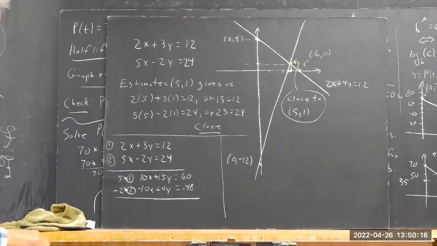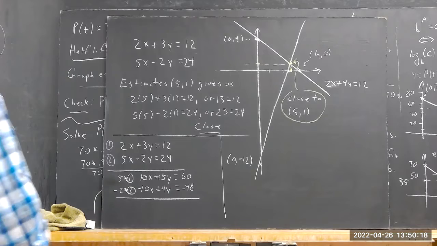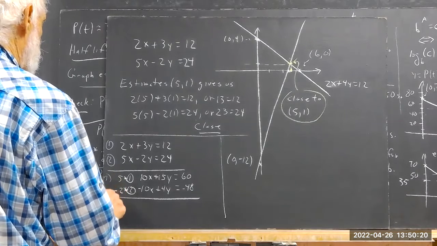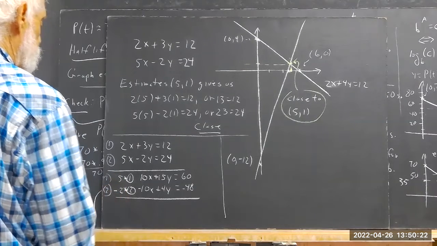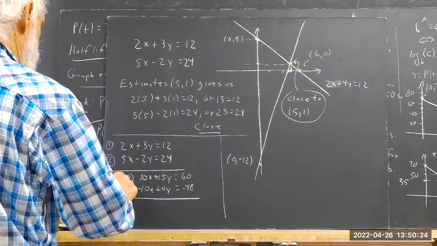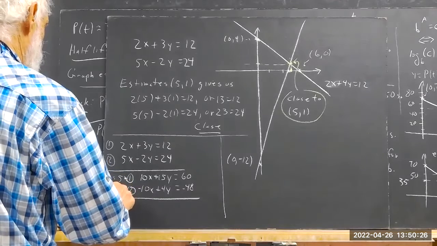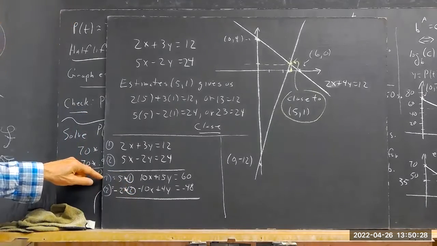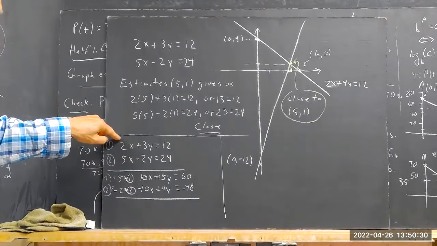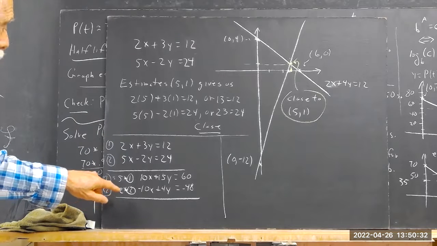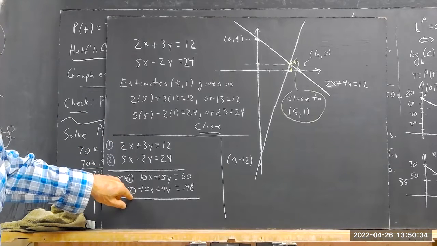Okay. So now this will be my new equation 1. This will be my new equation 2. So the new equation 1 is 5 times of my old equation 1. My new equation 2 is negative 2 times my old equation 2. Okay.